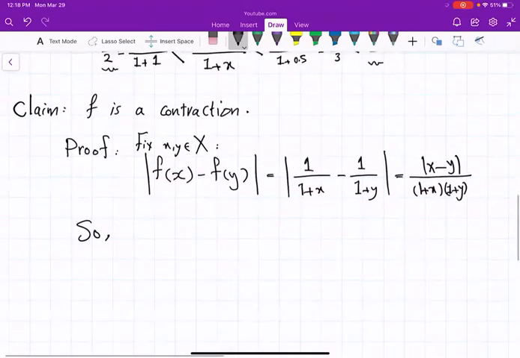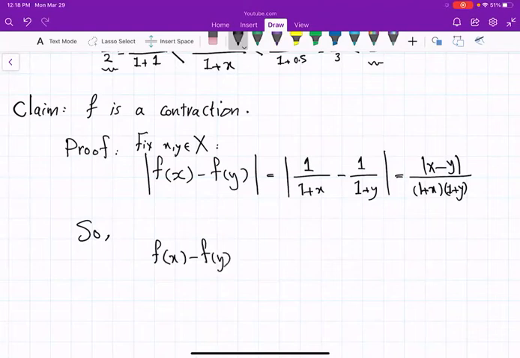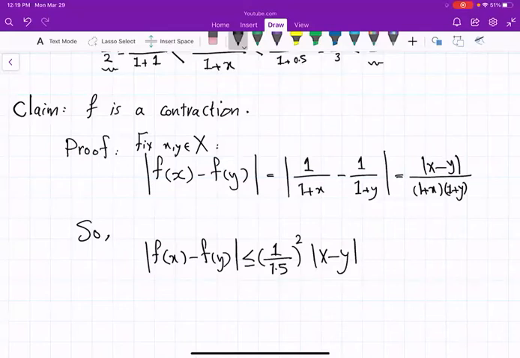Well, the tiniest x and y you can plug in is again one half. So you get that |f(x) minus f(y)| is smaller than or equal to 1 over (1/2 times 1/2), sorry, twice times... 4/9 times |x minus y|. And this is definitely a c, which is less than 1. And that proves the second claim, that f is a contraction.